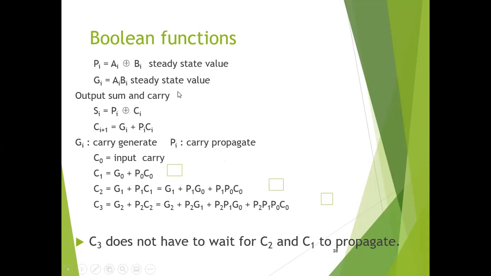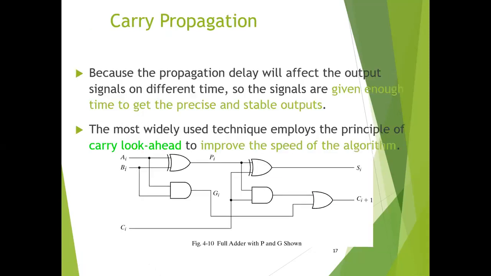These are the steady state values, and the output sum and carry will be obtained by using Pi exclusive OR with Ci, the input carry, and the output carry will be equal to Gi plus Pi into Ci. These are the labels showing how the outputs are named in the given diagram.